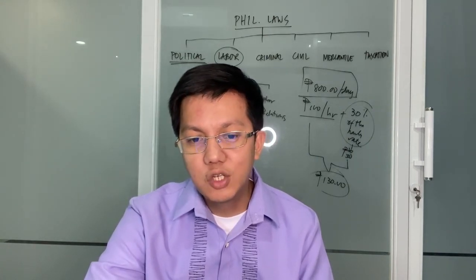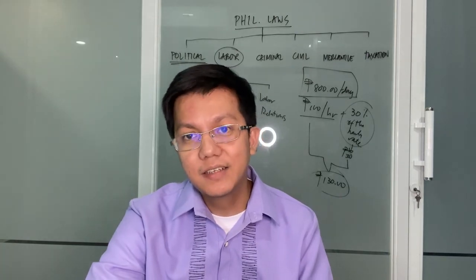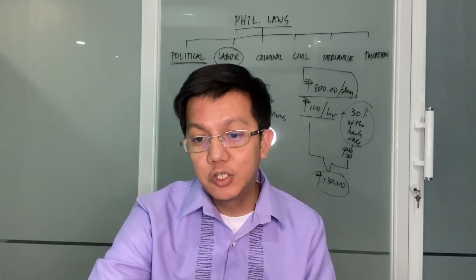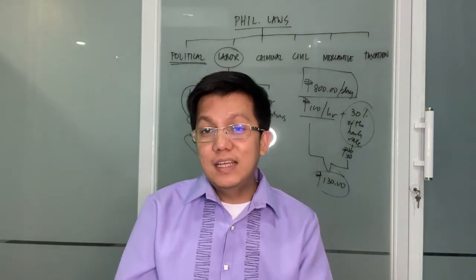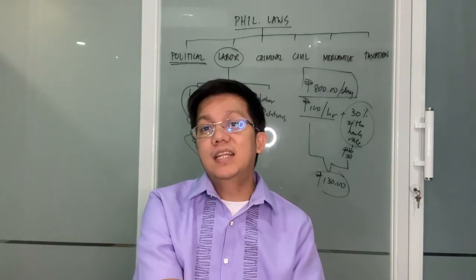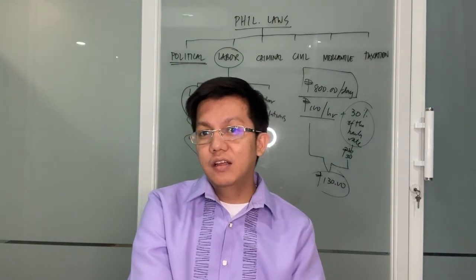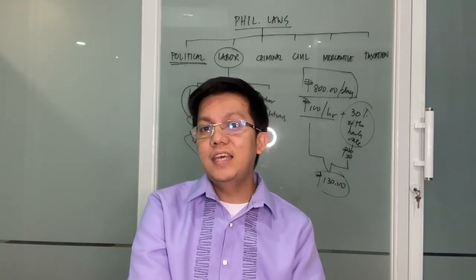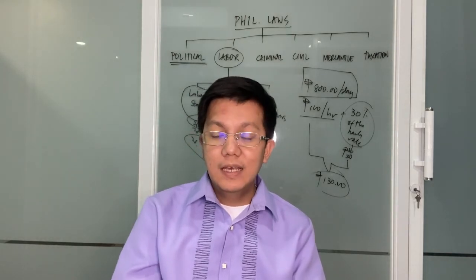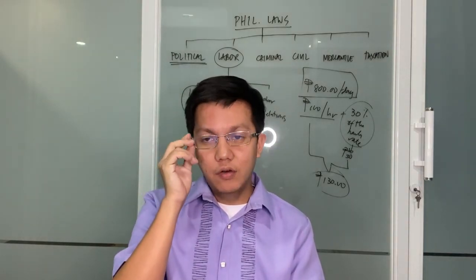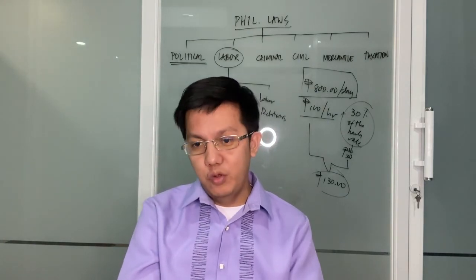Now, let's go to the last. The last regarding hours of work or hours worked. Itong tinatawag nating night shift differential. Have you heard of this night shift differential benefit? It's found in Article 86 of the Labor Code.